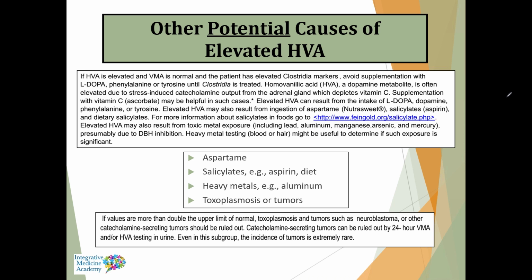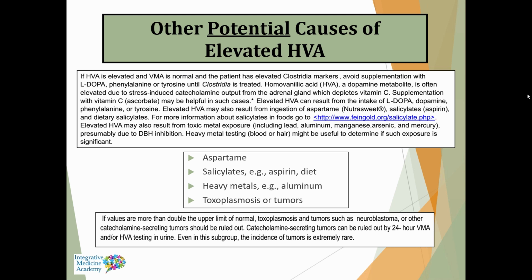Heavy metals are suspected. Okay, so we could possibly get some interference because of mercury or lead or aluminum. Some of these markers like HVA and VMA, homovanillic acid and vanillylmandelic acid, can be elevated very, very high with certain tumors. So pheochromocytoma, for example, an adrenal tumor, again not very common, could cause some elevations. And then there's something called neuroblastoma, which is a cancer that occurs in kids less than 1.